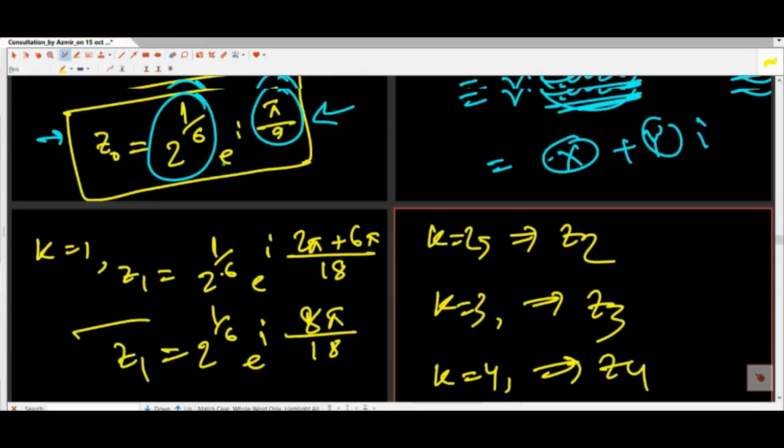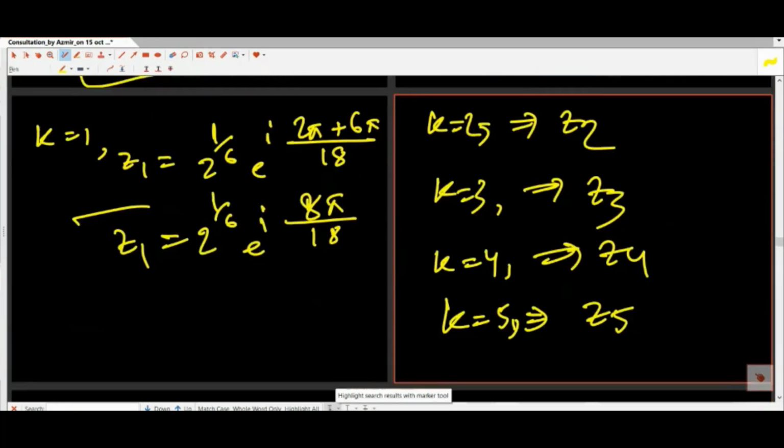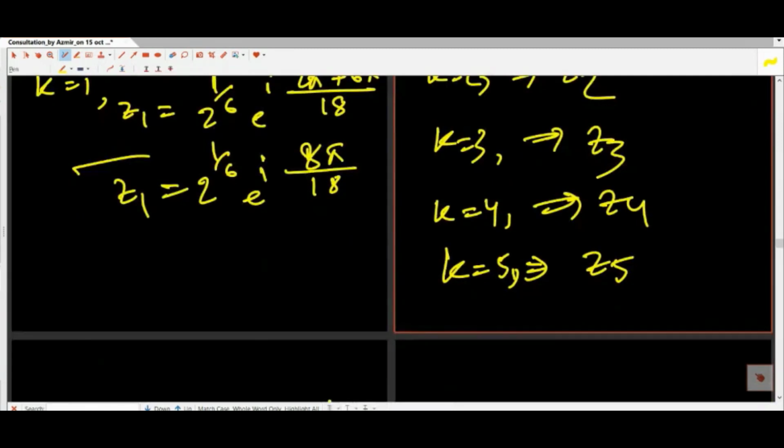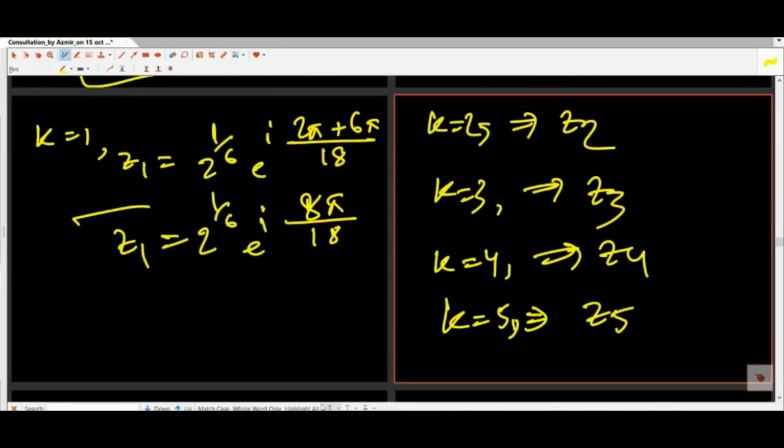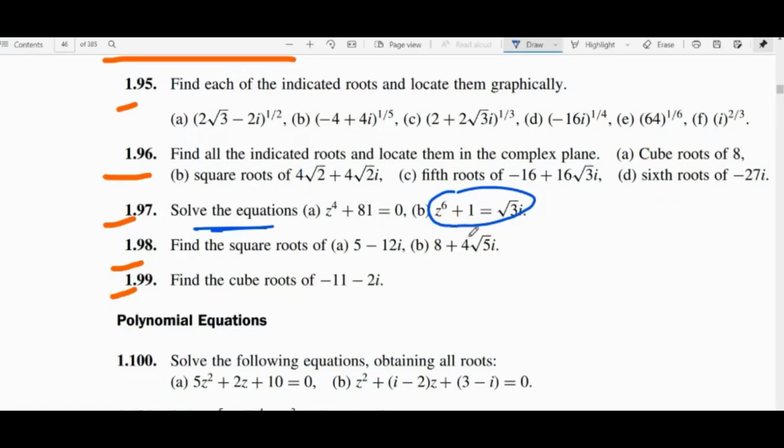That means z0, z1, z2, z3, z4, z5, a total of 6 solutions are in our hand. So this is how we can think about the computation of roots of any equation.